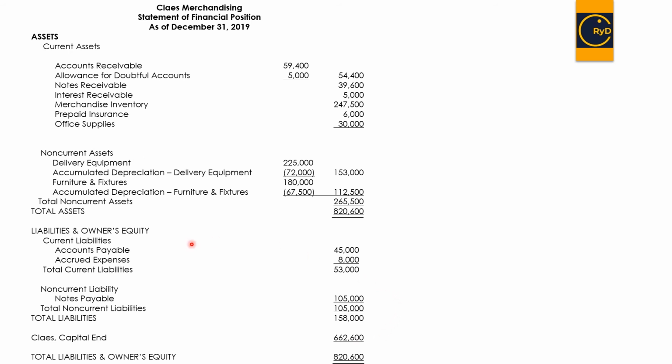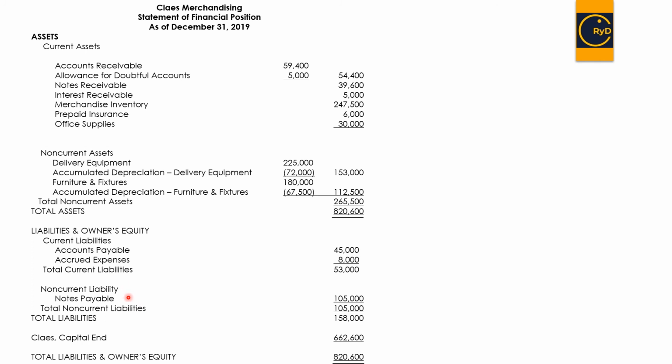Class, also note that if the current liabilities and non-current liabilities are given, we separate them first. Don't combine them; show your total current liabilities as well as your total non-current liabilities. Also, if the problem indicates a number of years, you automatically classify it under non-current liability.